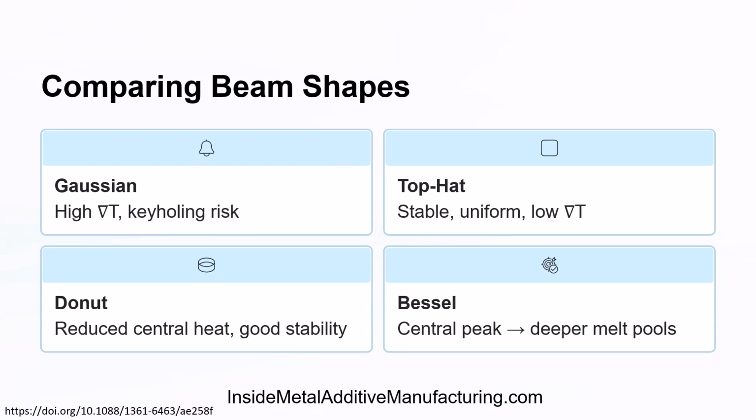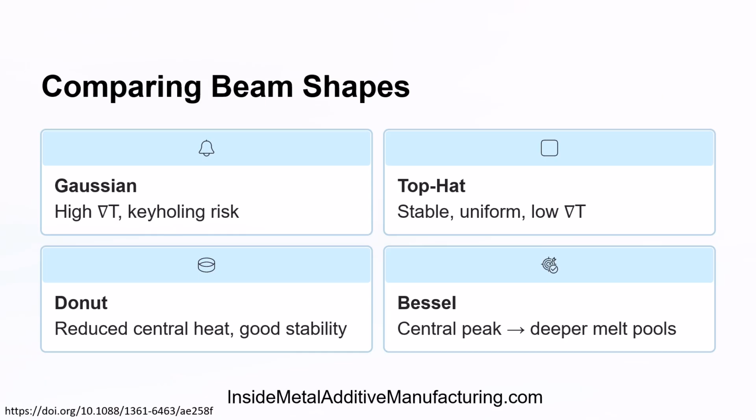Viewed collectively, each beam shape presents a distinct balance of benefits and limitations. Gaussian beams offer strong penetration but suffer from high peak temperatures and a narrow, stable processing window. Top hat beams provide the most stable thermal conditions, enabling higher energy input without instability. Donut beams strike a balance by reducing central overheating while preserving melt pool continuity.